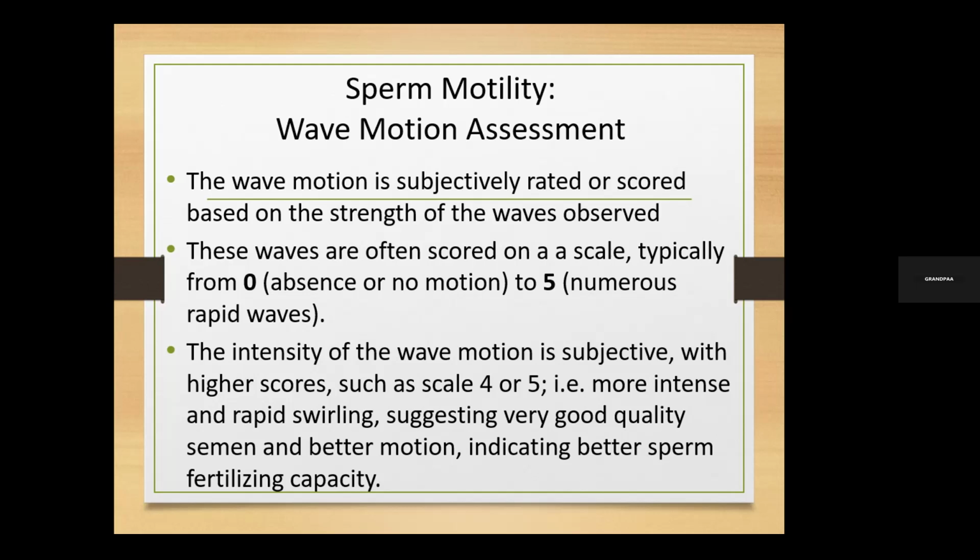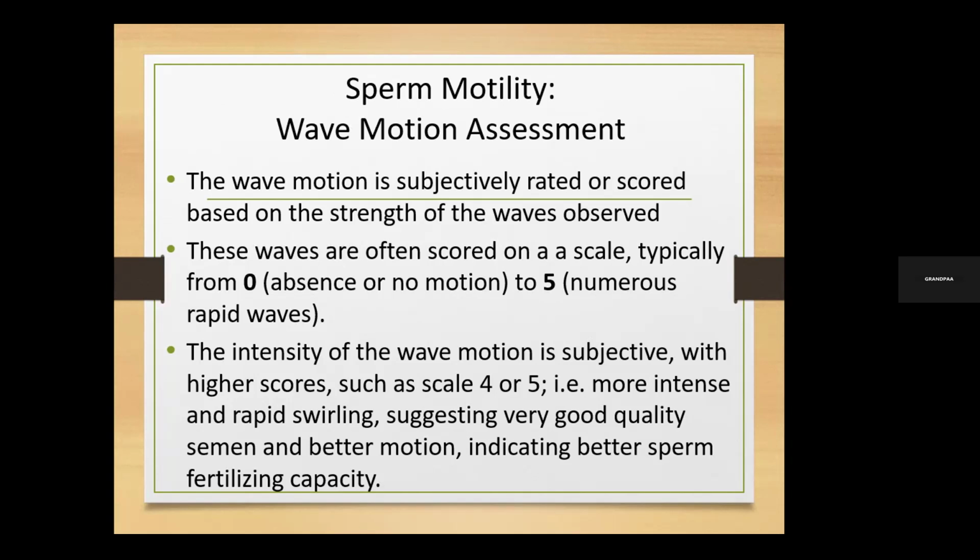So you do the scoring. If it's 0, that is absence or no motion. In that case, either you have a few sperm cells that are all dead, or there are no sperms at all. Then up to 5: 0, 1, 2, 3, 4, up to 5. A 5 means that you have numerous, intense, rapid waves.